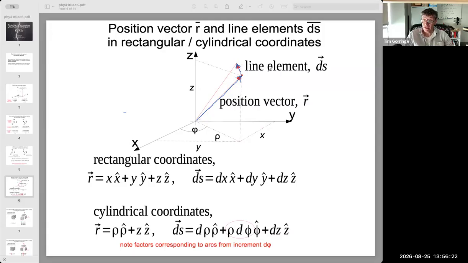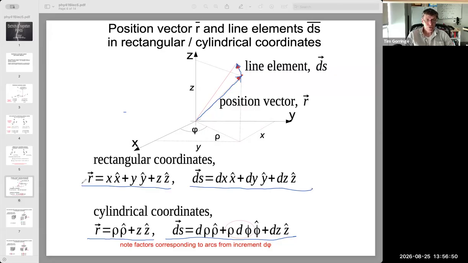We've done it in rectangular coordinates, but we haven't done it yet in cylindrical coordinates. That's what I'm doing downstairs here. This is the position vector R, and downstairs here on the right, this is the line element ds. Here I'm writing them down in cylindrical coordinates, and above it I'm reminding us of how we wrote them down in rectangular coordinates.